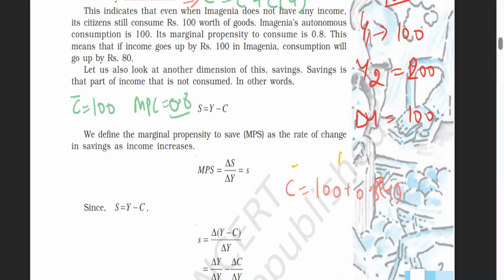Now you have a change of 100 units. Change of y is 100 units. Earlier, the way you calculate the consumption here is 100 plus 0.8 into 100. Whenever you calculate it, this 10 will be cancelled and it will be multiplied with 8. So 100 plus 80, that will be the consumption level equal to 180, right?